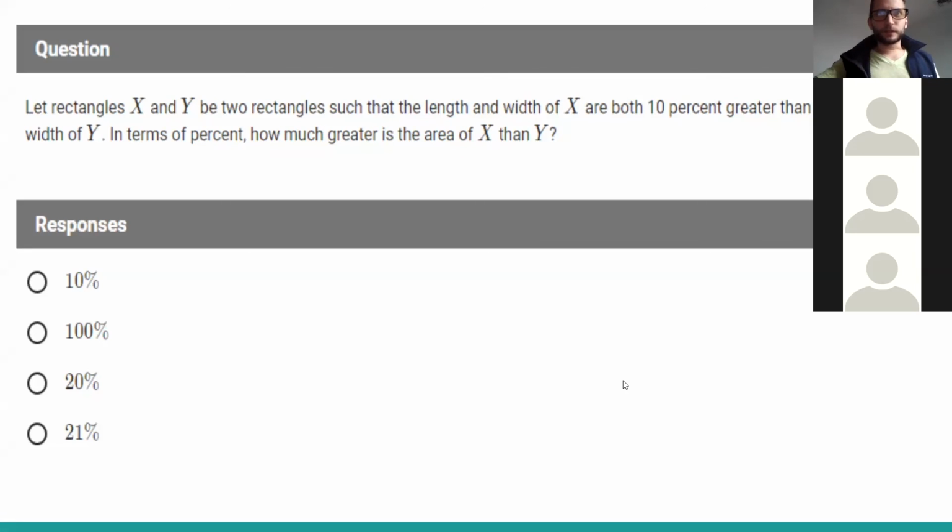So we have some A's, some C's, some D's, a little bit everywhere. So let's take a look at this one. I'm going to walk you guys through it to see if you guys can find the right answer. I'm going to show you guys right now.